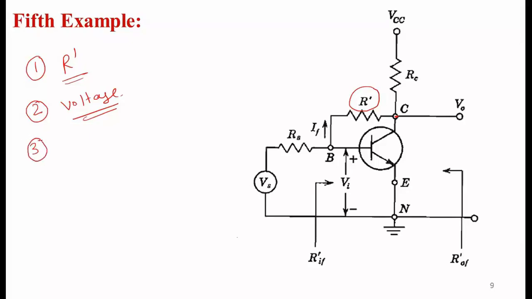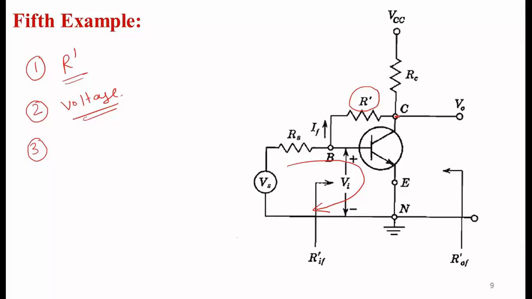The third step is to find out the connection at the input side. We know that if both terminals of the feedback component are present in the input side of the circuit, we can say that it is the series kind. Otherwise, this is a shunt type of connection. For the R dash component, which is the feedback component, only one terminal is present in the input circuit.